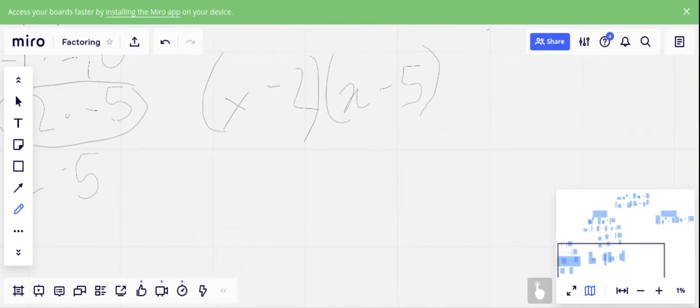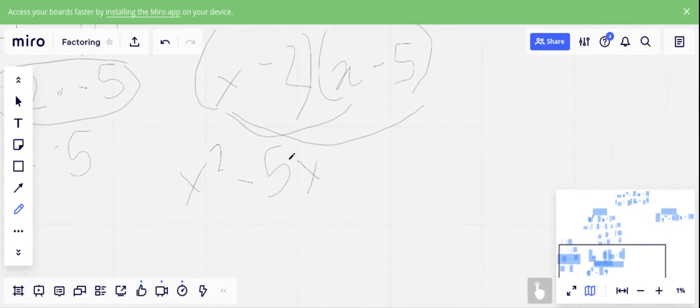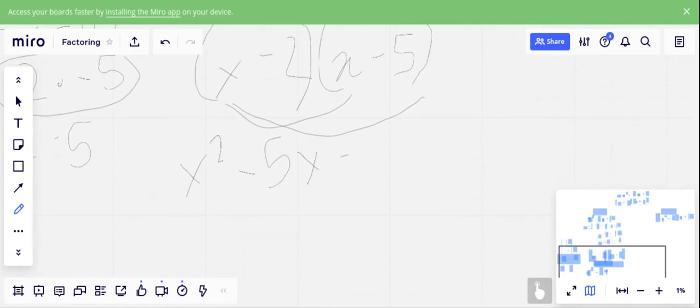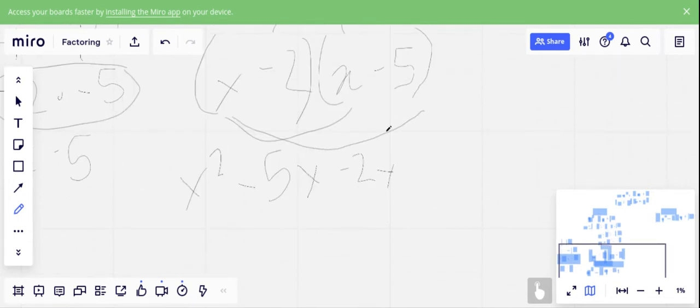So x times x, using the FOIL method, is x squared. x times -5 is -5x. -2 times x is -2x. And finally, -2 times -5 is 10.